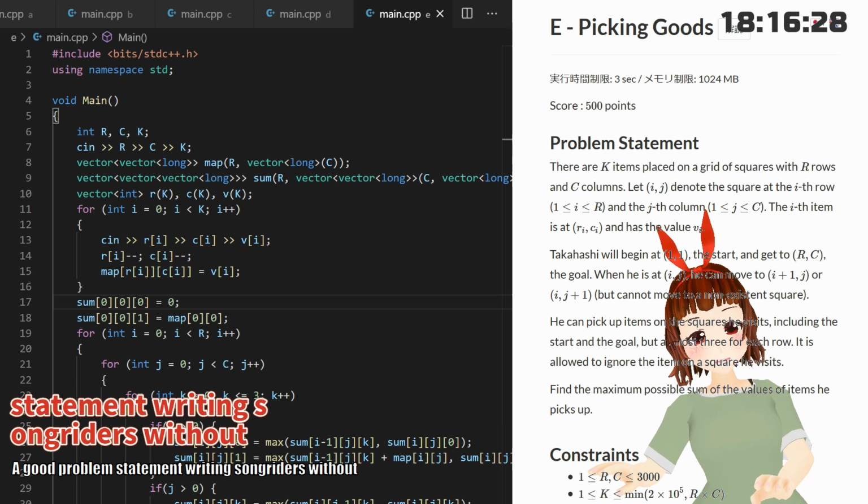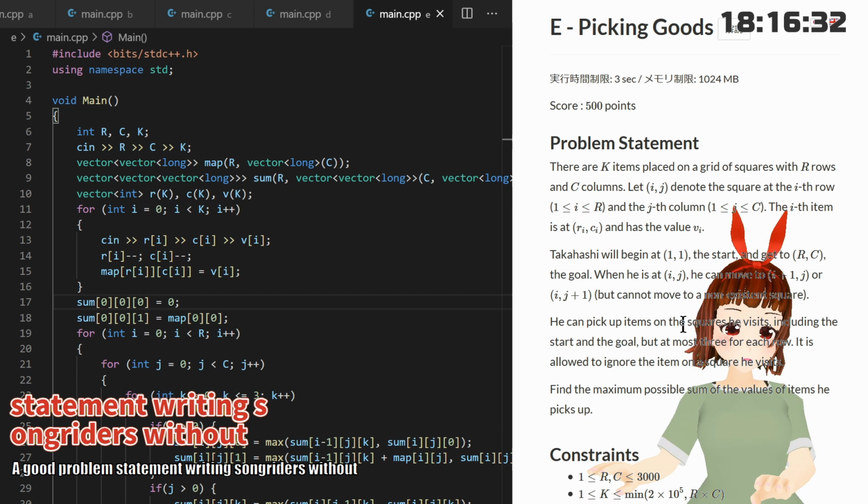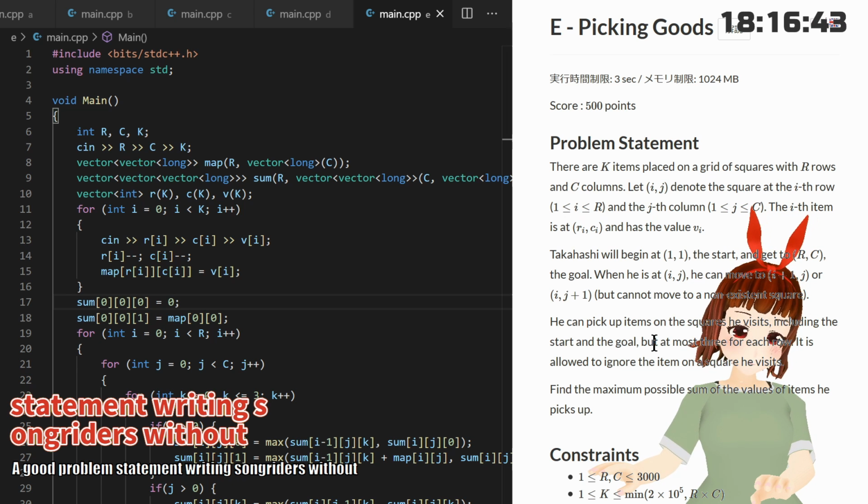When he is at (i, j), he can move to (i+1, j) or (i, j+1), but cannot move to a non-existent square.